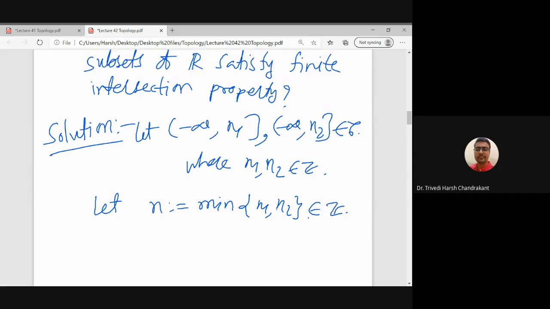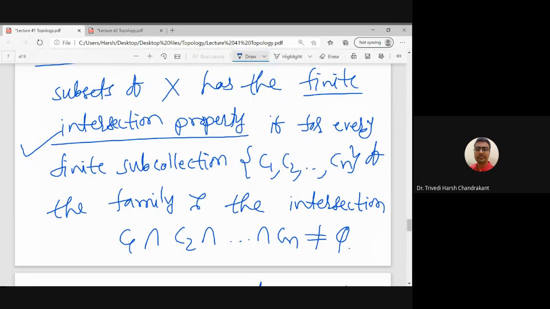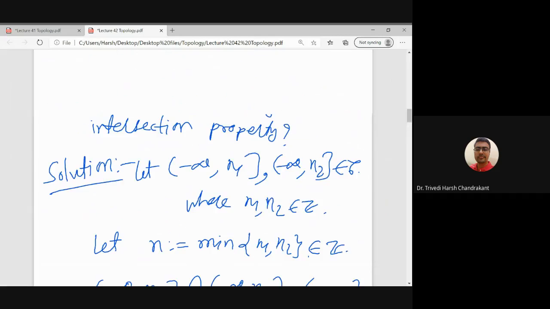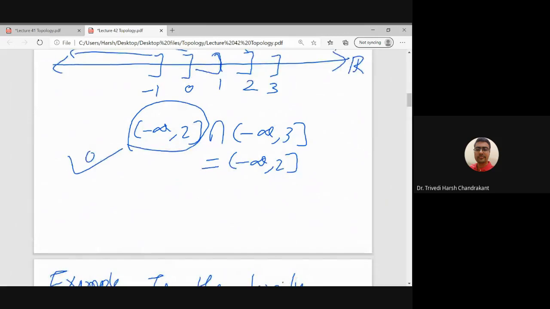So the question is, what is the finite intersection property? Whenever I take a finite subcollection of elements of C, its intersection should be non-empty. Here I have taken only two elements of C. We have already observed that the intersection of these two will be nothing but minus infinity to n, where n is the minimum of n1 and n2, right? So it is the same as this particular example.